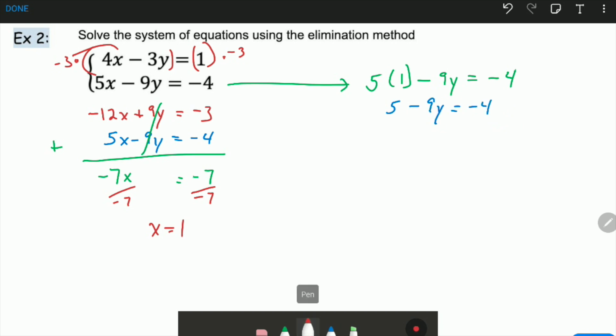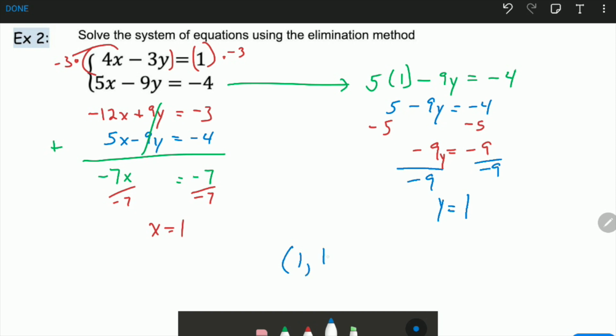That's a two-step equation from there. We'll divide by -9 to finish it off. So we have both of our variables being 1. So the ordered pair 1, 1.